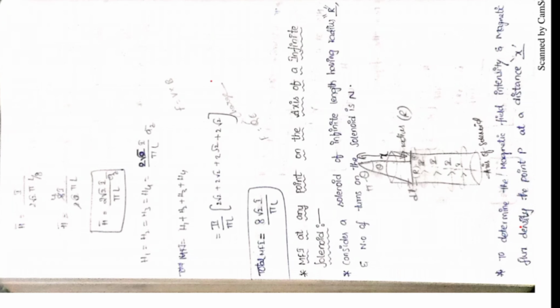H1 equal to H2 equal to H3 equal to H4. If all are equal, then the total MFI, that is H, is H1 plus H2 plus H3 plus H4. Because all magnetic field intensities are equal, each is 2 root 2 I by pi L az.